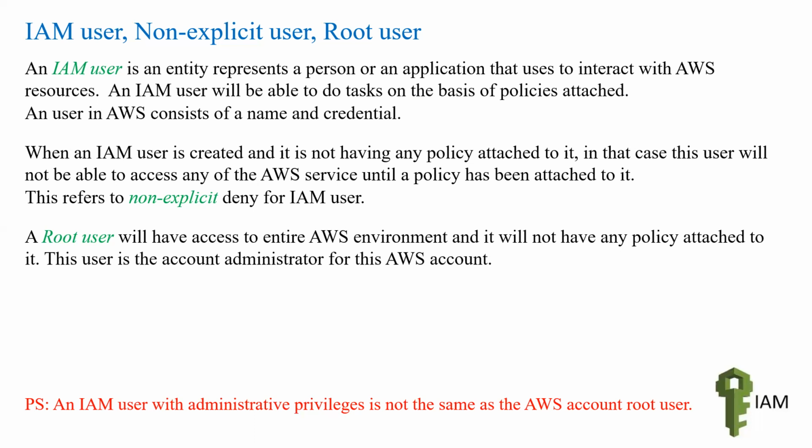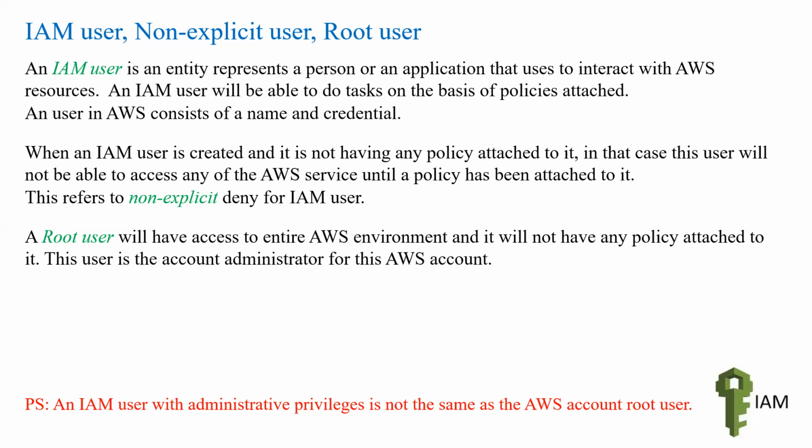This type of user is called non-explicit deny for IAM users. They are called non-explicit users because they do not have any policies attached. They just have the username and the password to log into that system, but they cannot perform any activity.